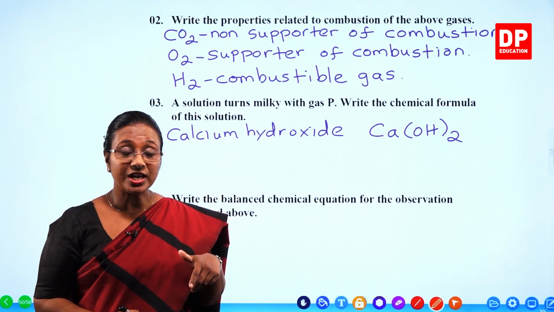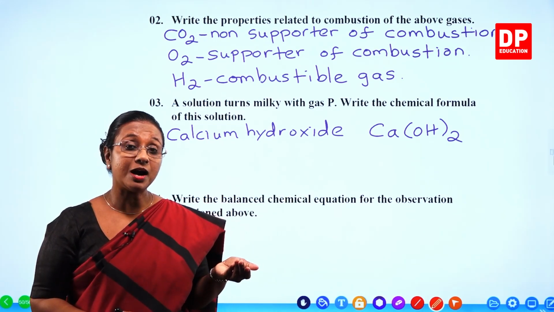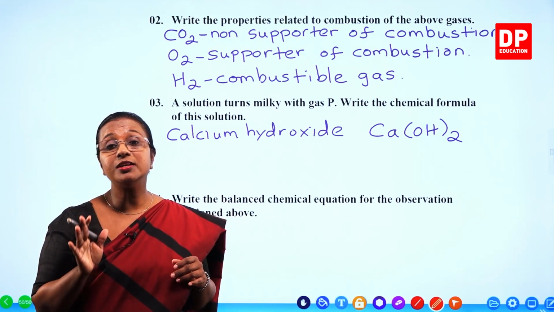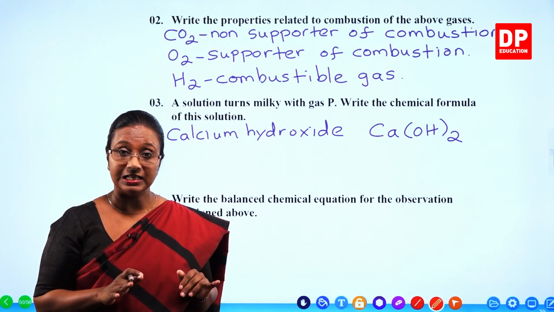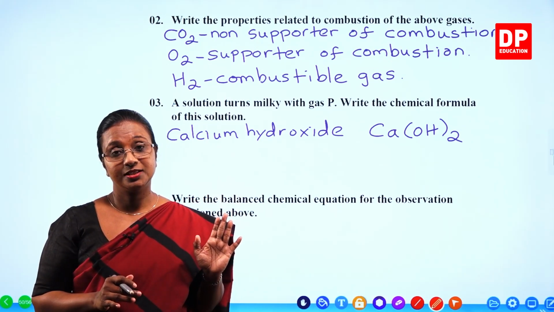When carbon dioxide is passed into calcium hydroxide, it forms calcium carbonate and water. And calcium carbonate does not dissolve in water. That is why you get that milky color. But what happens if we continuously pass carbon dioxide?